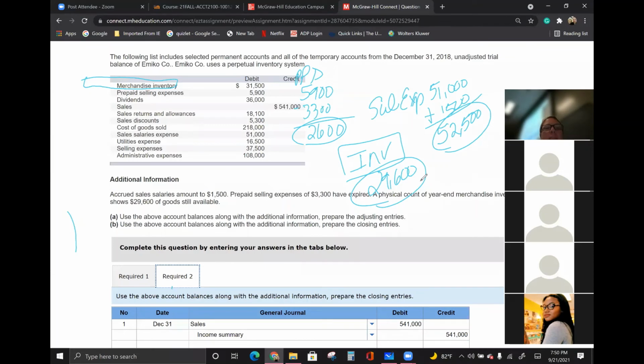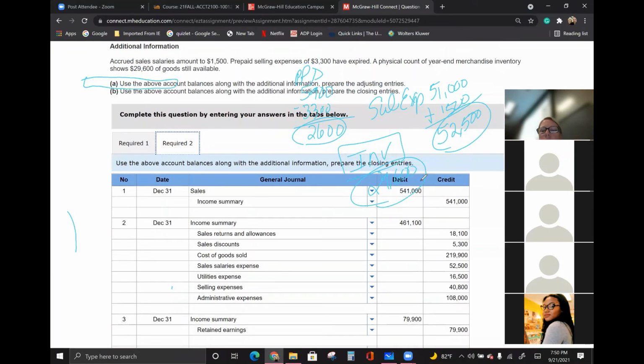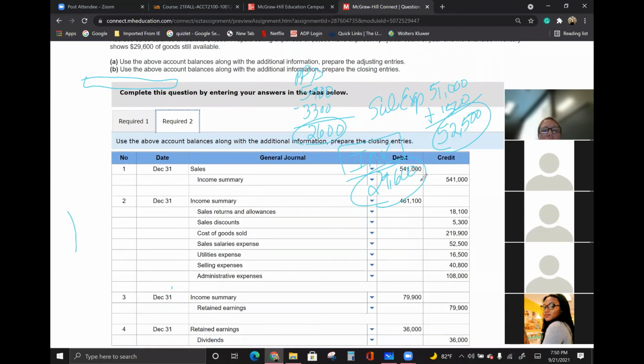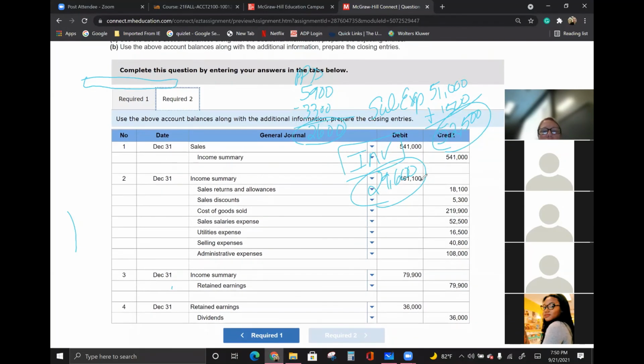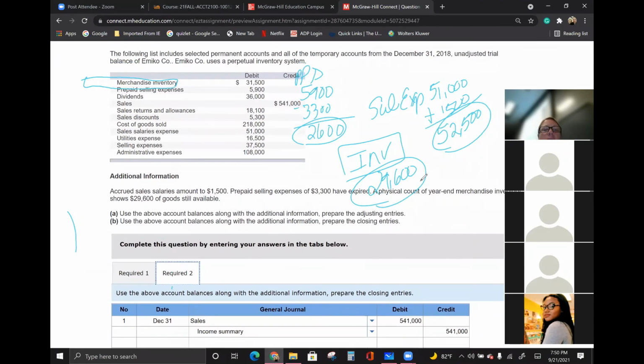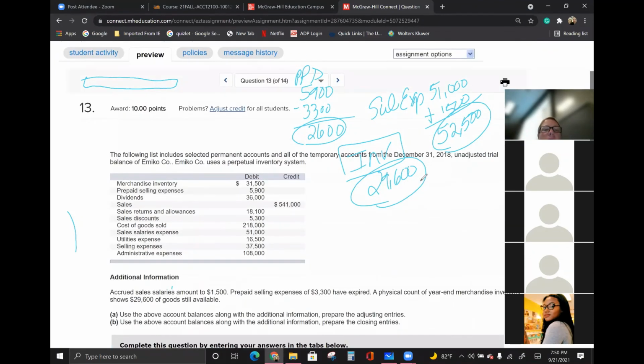So we have the prepaid selling expense. It was 5,900, but remember we made an adjusting entry and that balance changed to 2,600. It doesn't show it that way though, does it? Oh, I'm sorry. We only take off the selling expense.